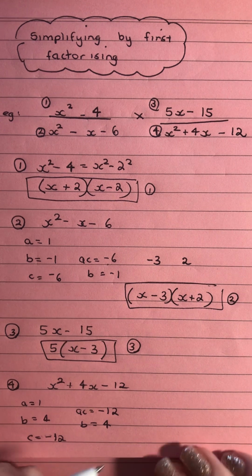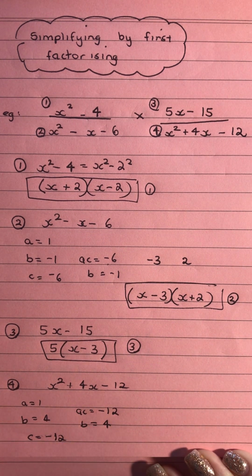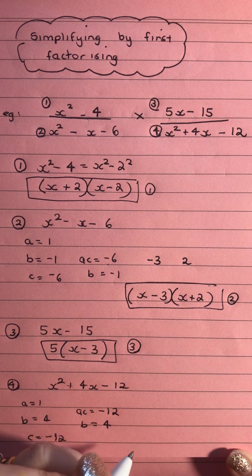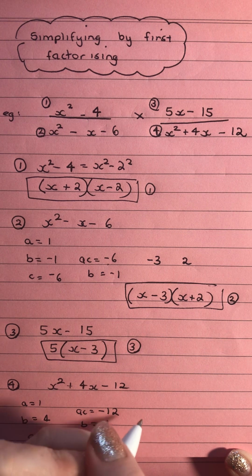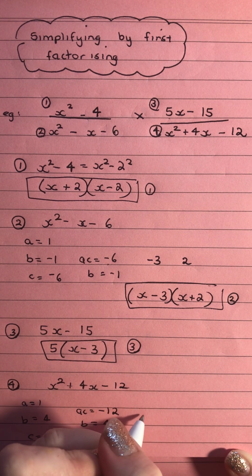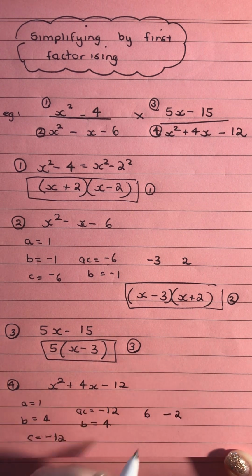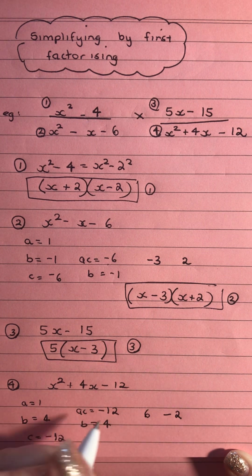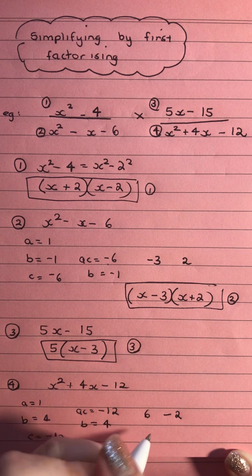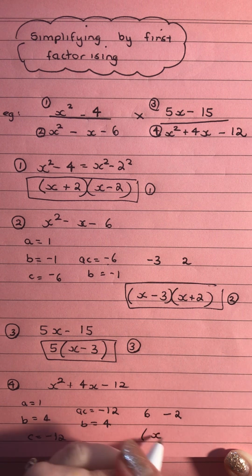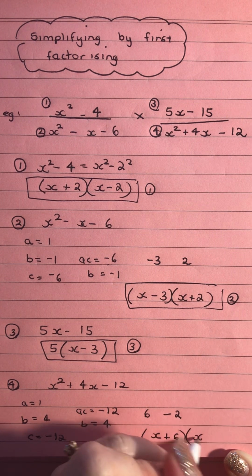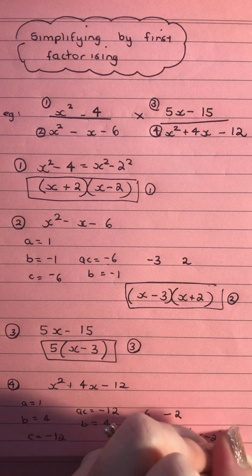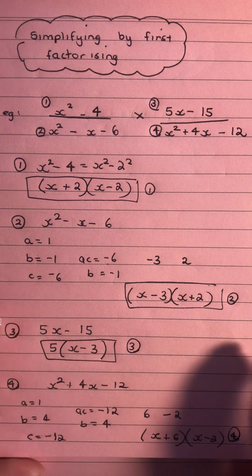So 6 and 2 will multiply to give 12, and they're 4 apart. So if I make that positive 6 and negative 2, 6 plus negative 2 will give me 4, and 6 times negative 2 will give me the negative 12, which will be x plus 6 and x take 2. So I now have my 4 pieces to put together.